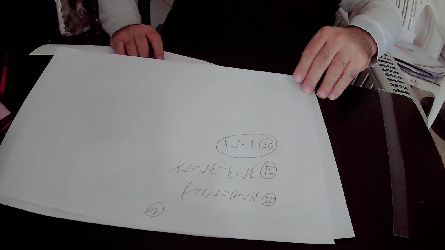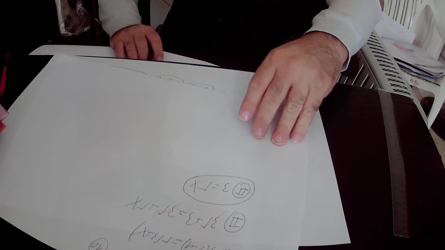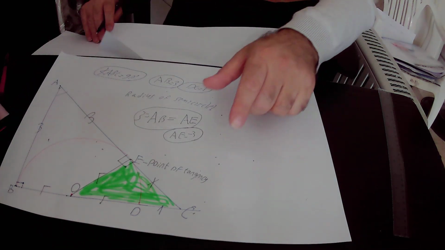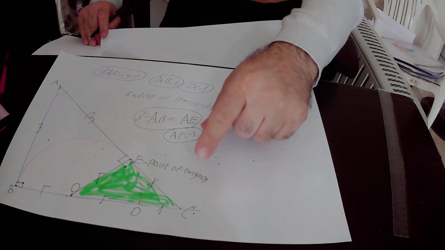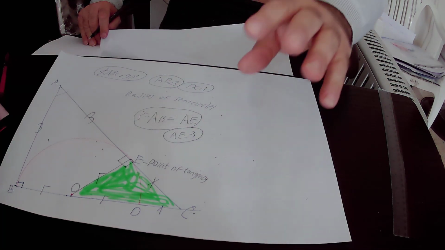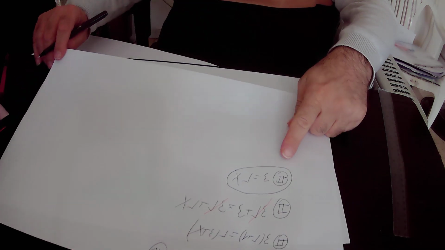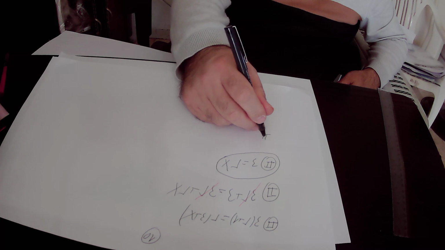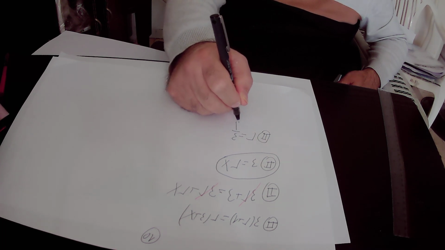It is allowable to divide equation number 2 by x because x can never be 0. x is the side of the green triangle. It must be a positive number. It can never be 0. Therefore, it is allowable to divide equation number 2 by x. Okay, and we will get that the radius of the semicircle equals 3 over x.